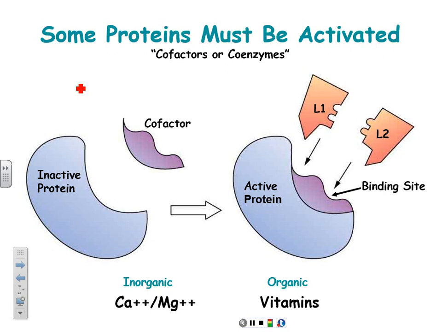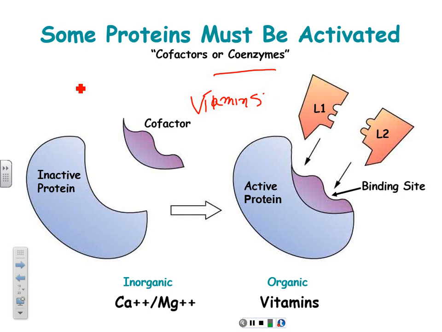We can also activate a protein by something known as a coenzyme, right? Either a cofactor or a coenzyme. Vitamins are coenzymes. Look at this. Here we have an inactive protein, right?